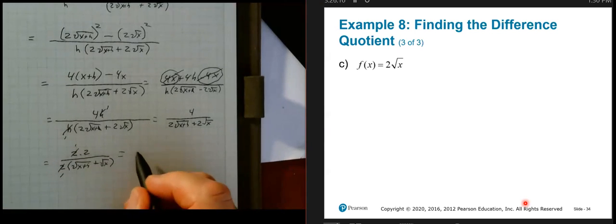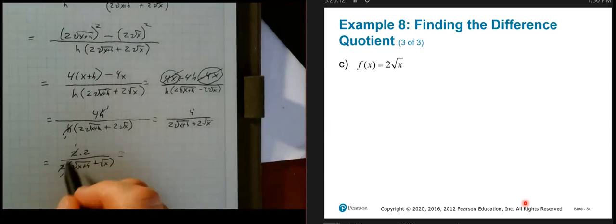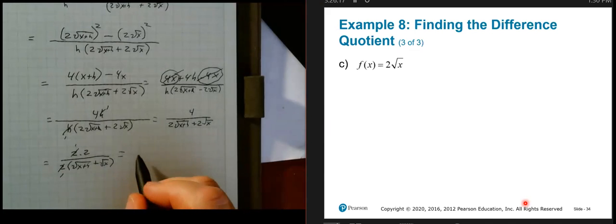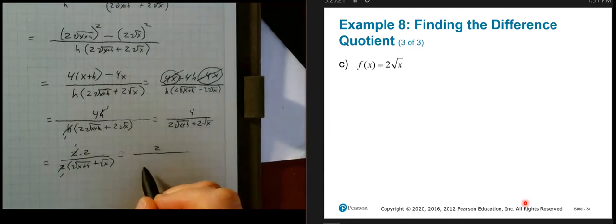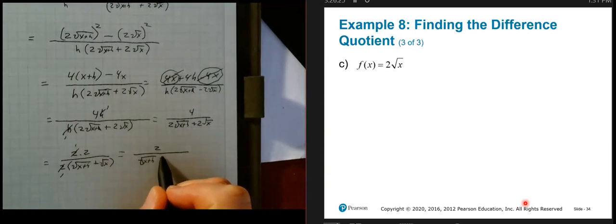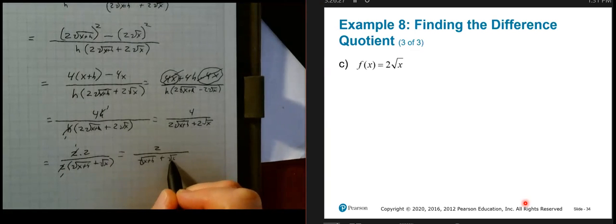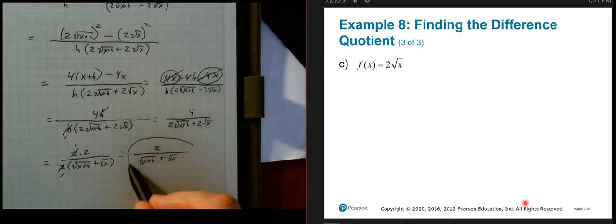They go to 1. I also refer to this as removing my 1s. And so now we have 2 in the numerator, and in the denominator, we have the square root of x plus h plus the square root of x. This is the simplified form.